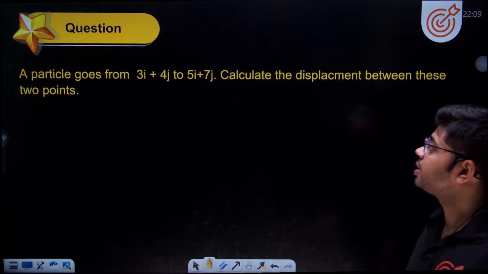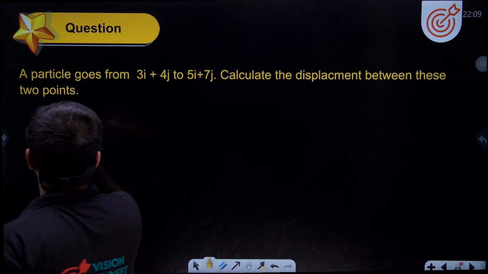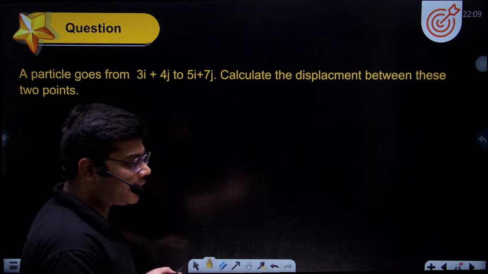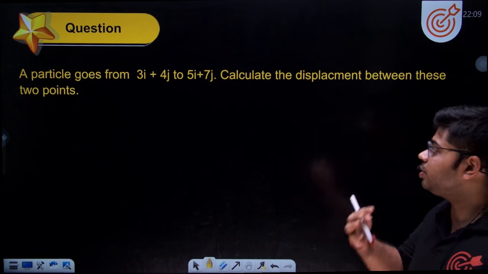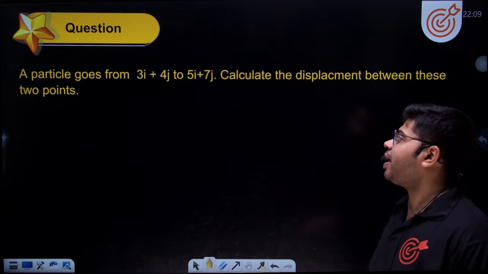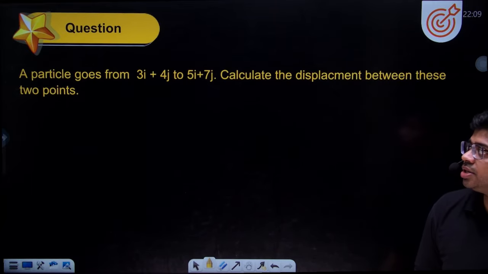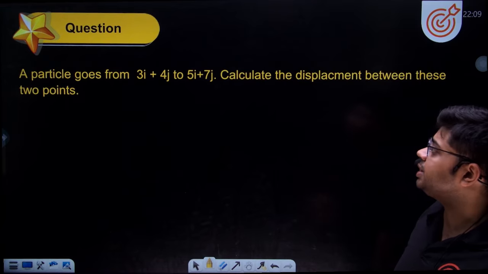Okay. Now, see, they are asking you directly from vector notation, and they are saying that a particle goes from 3 I cap plus 4 j cap to 5 I cap plus 7 j cap. Calculate the displacement between these 2 points.